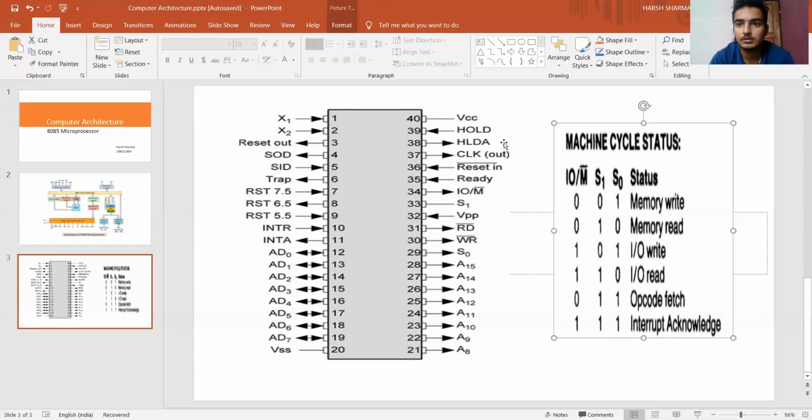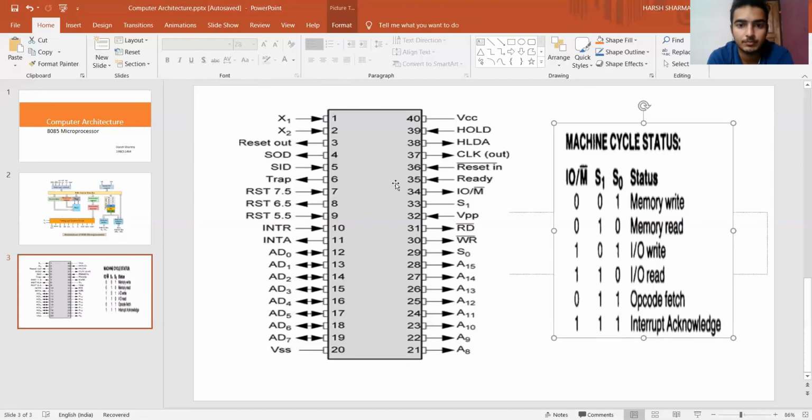The microprocessor sends the acknowledgement to the developer, or to the designer, that the microprocessor is on hold, it is doing some work already, so you can hold for some time, after that it will do its own work.